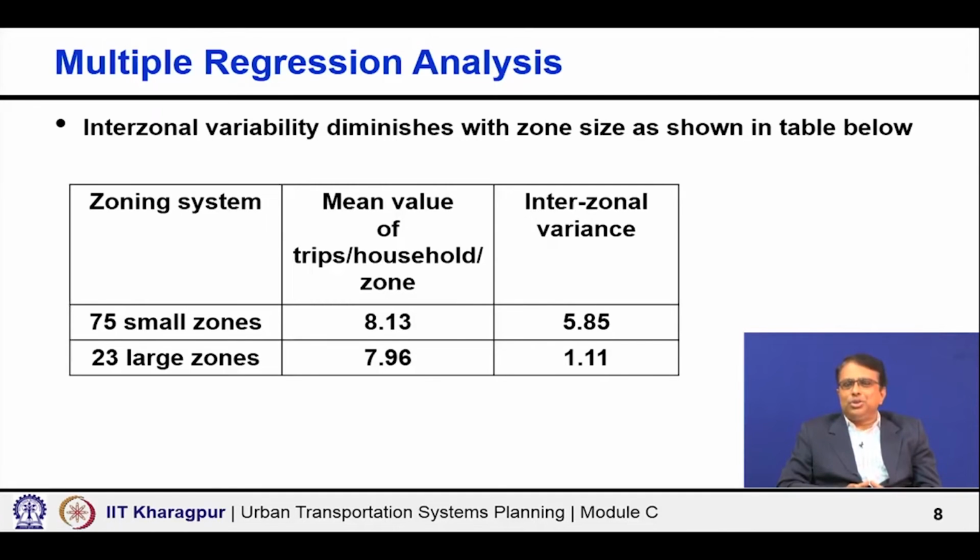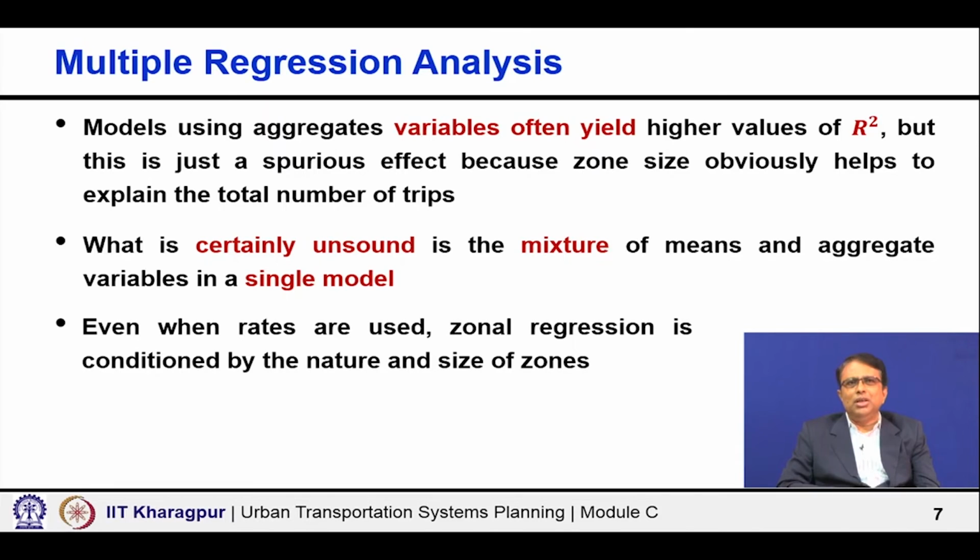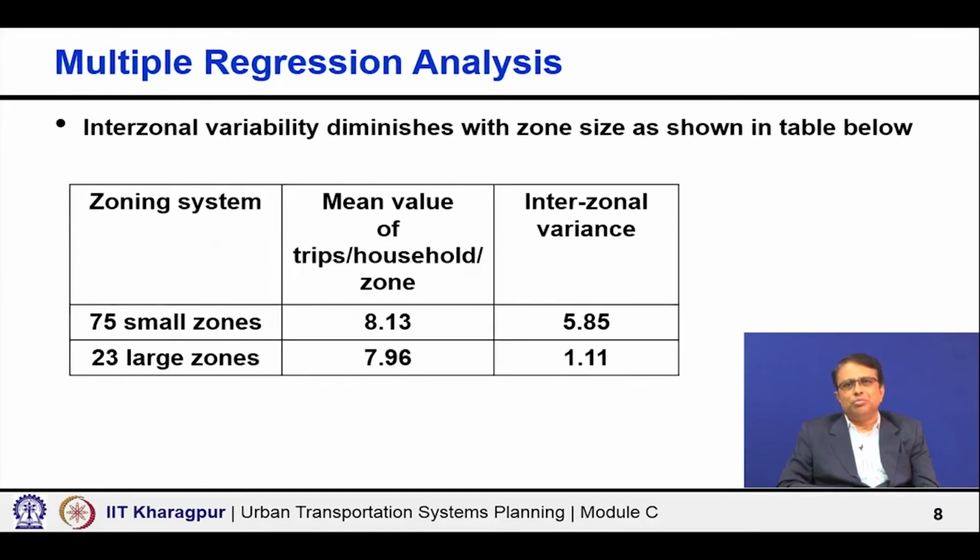So, that shows that even when you use mean values of trips per household, essentially rates, the regression is conditioned by the zone size. That is why I made this statement: even when rates are used, zonal regression is still conditioned by the nature and size of the zone.